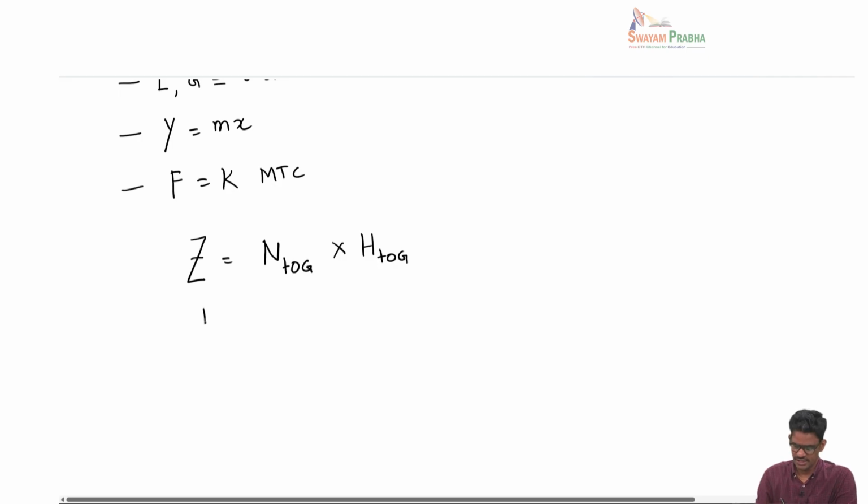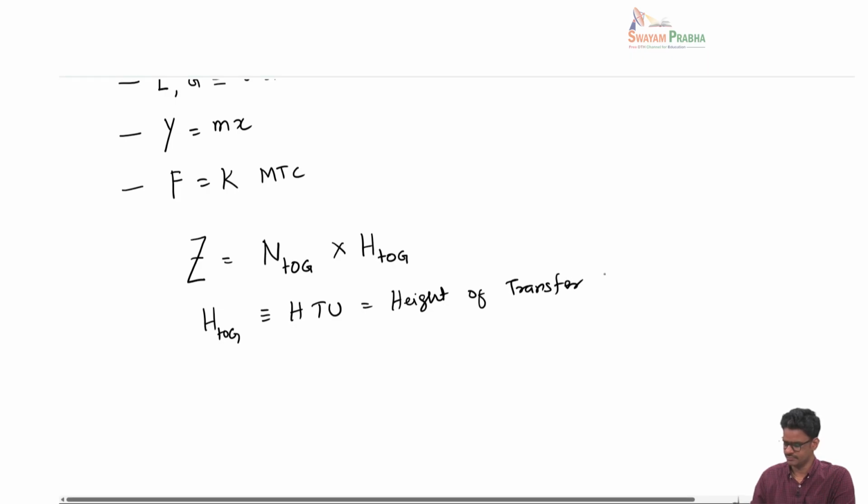Okay, so this HTOG, or in short known as HTU, is the height of transfer unit, and this was defined as G by KYA, where G is the molar flux of the gas.